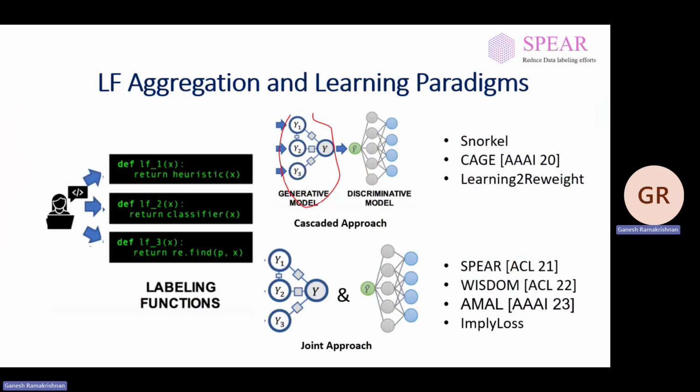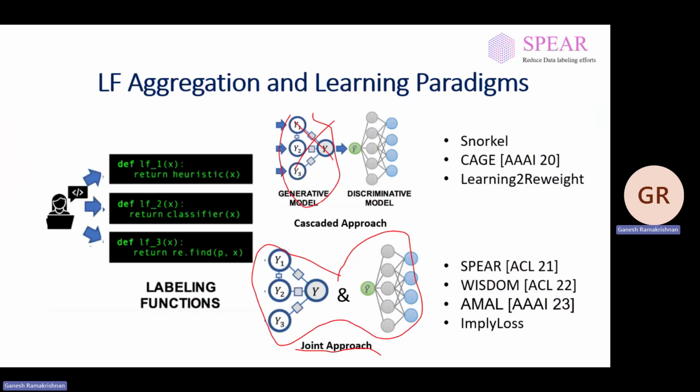Once you have generated label data, the rules are discarded. What we have, we call a joint approach, which means we don't discard the rules. We have put an and, you can see. For us, the rules and the deep model go hand in hand. You don't use the rules just to label and throw.